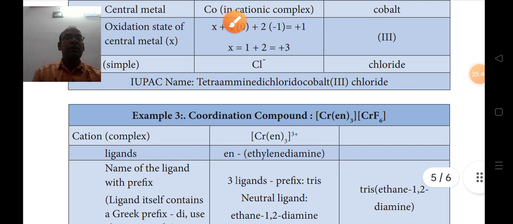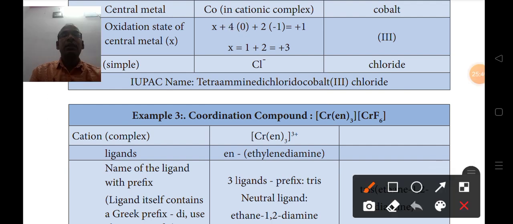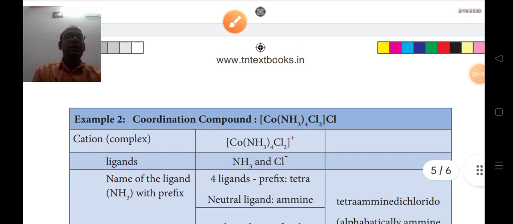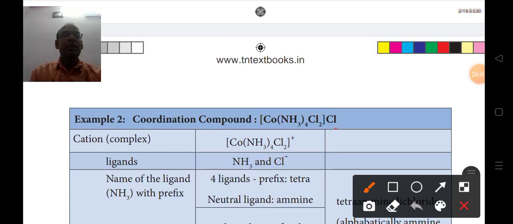Therefore, the simple ion is chloride, which is outside of the complex ion, therefore chloride. In this case, the net charge of Cl is 1 minus.